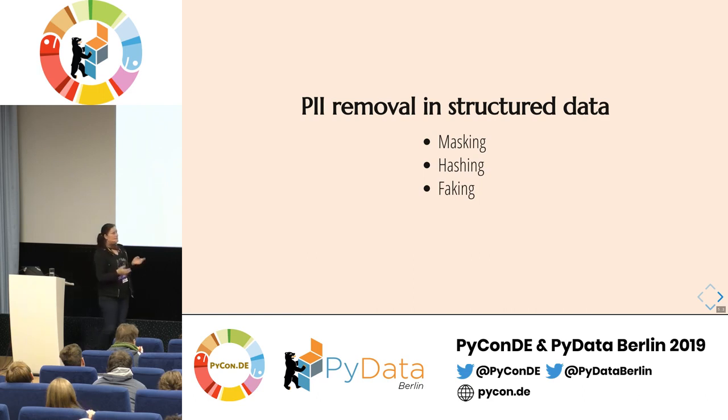In some cases, in some applications, in some data pipelines, you might need to have something which is more plausible. If you just have random hashes, it won't work. Or for testing purposes, you won't be able to test your preprocessing pipeline. So you can use fake data. There is a library in Python called Faker.